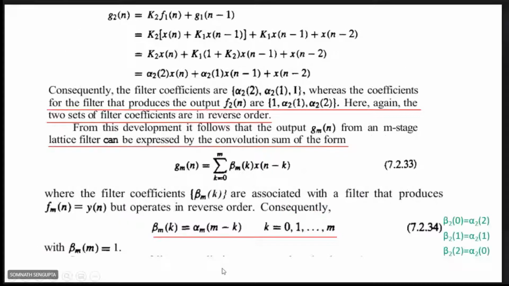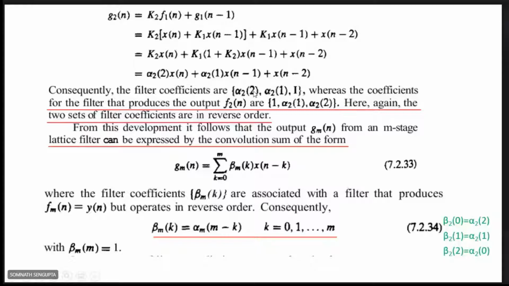If you calculate g2n, its coefficients become alpha 2 2, alpha 2 1 and 1, whereas the coefficients for the main output f2n are 1, alpha 2 1, alpha 2 2. So both are in reverse order.